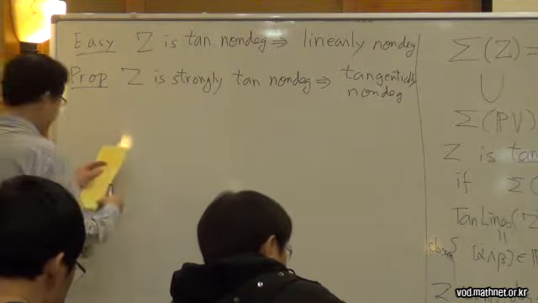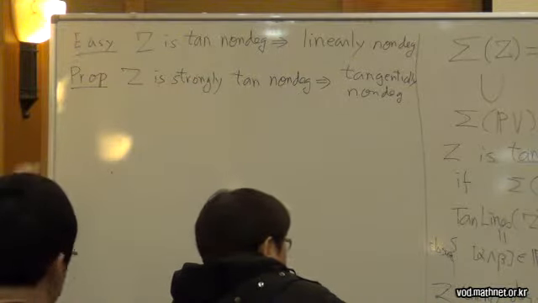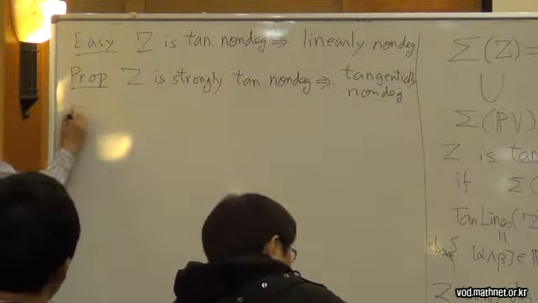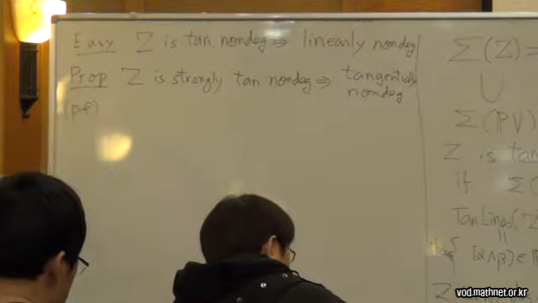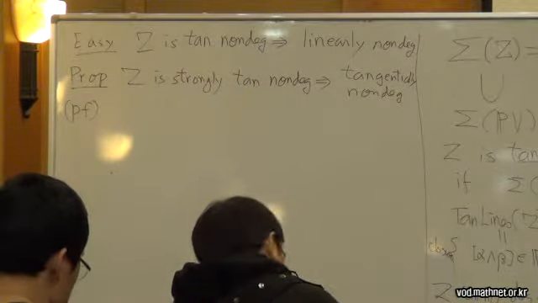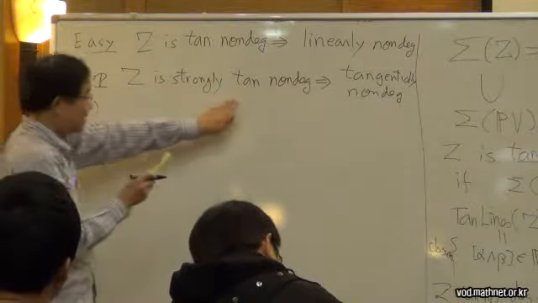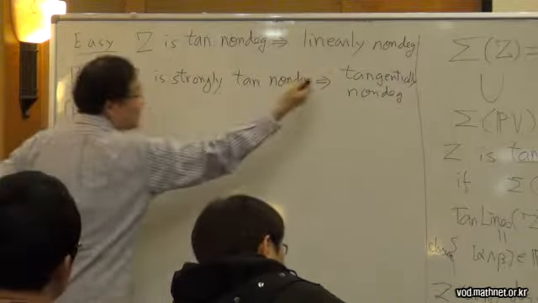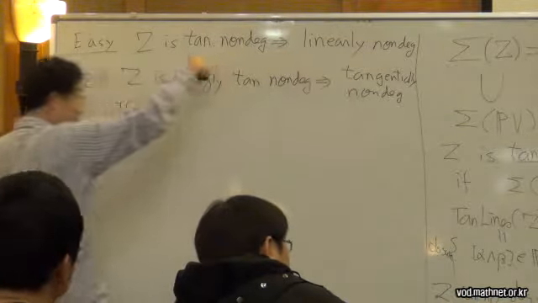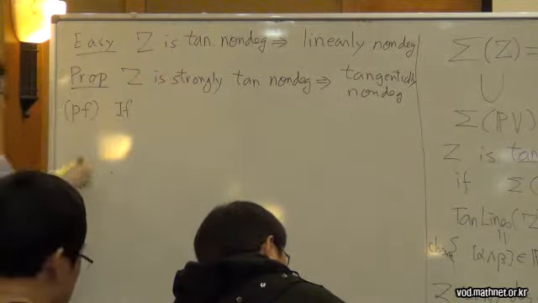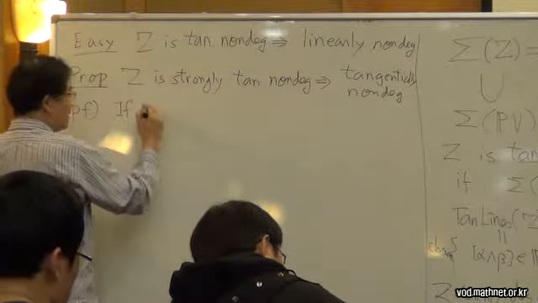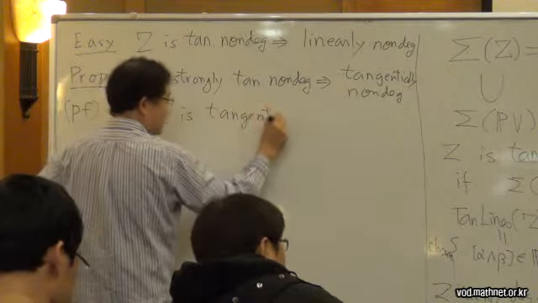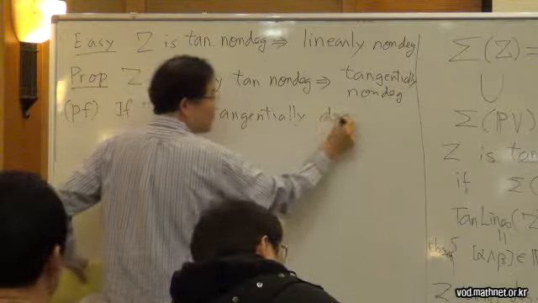So let's give a proof as an illustration of this idea. I assume it's not true, and then let's prove that this is not true. So if G is tangentially degenerate, what does it mean?